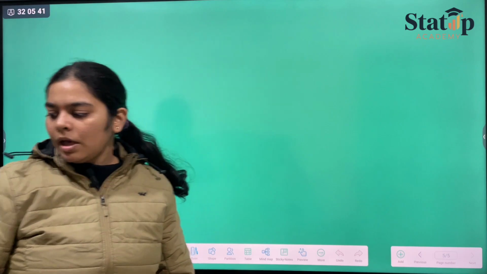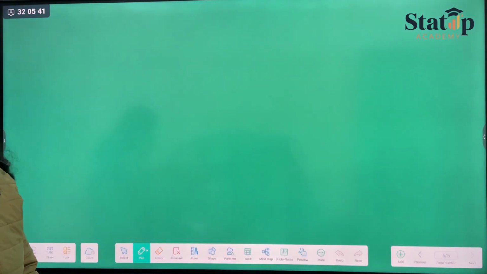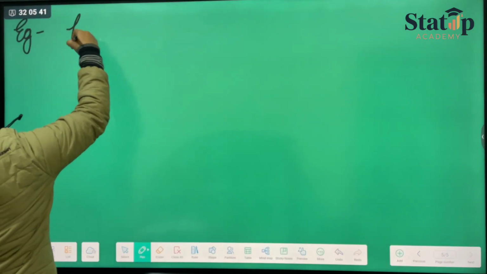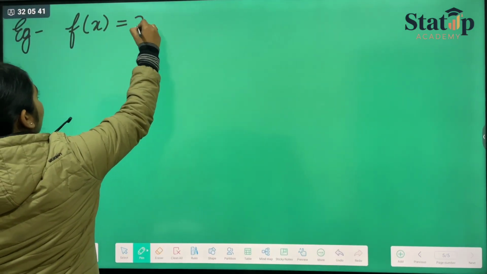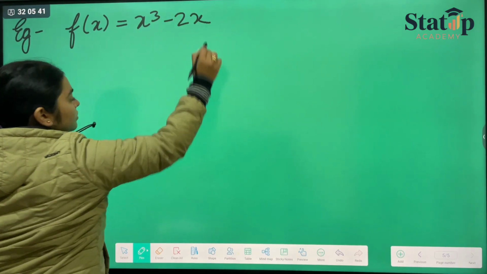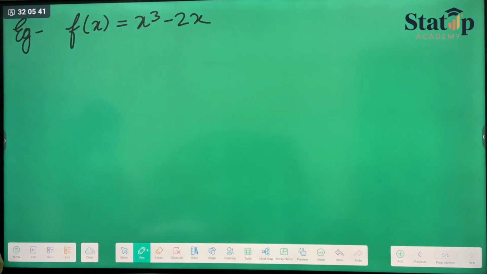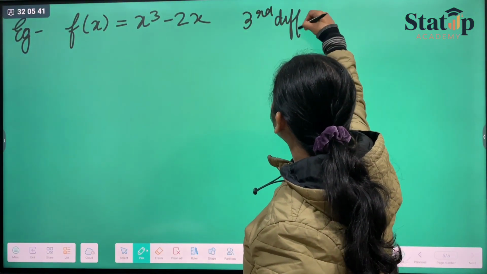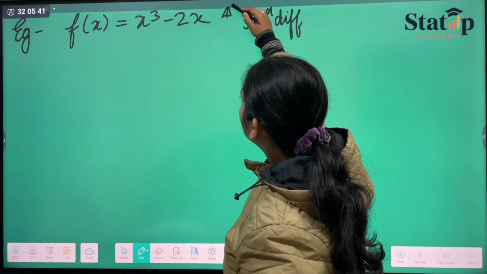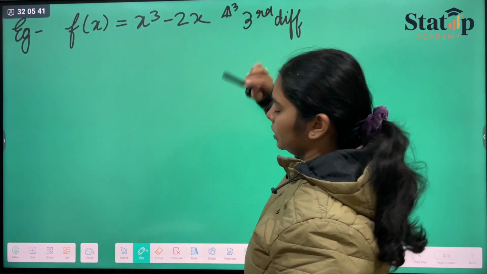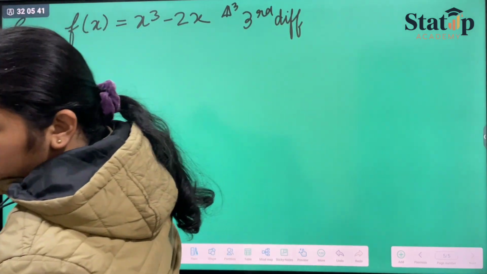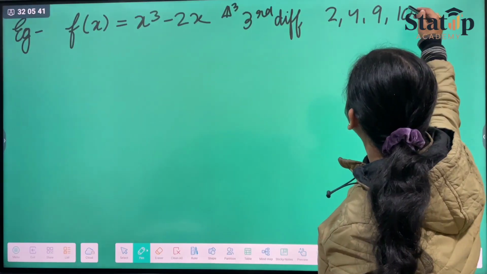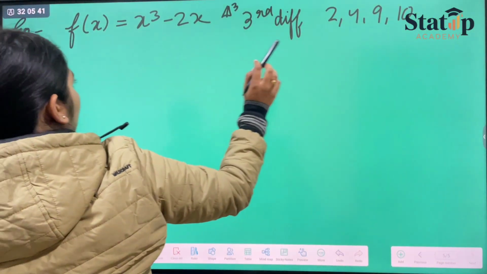Okay, now let us do one question. Suppose we have been given a function f(x), which is x cube minus 2x, and we have to find the differences up till delta raised to the power 3, the third difference, for the arguments 2, 4, 9 and 10.